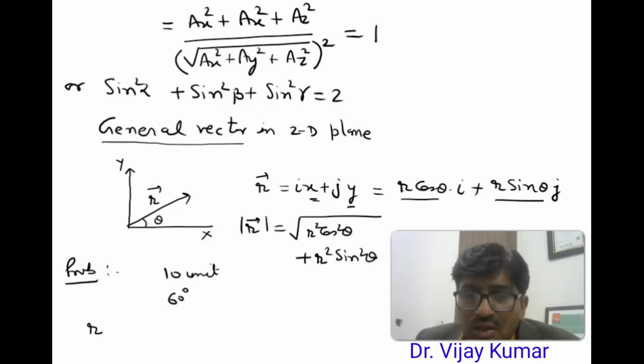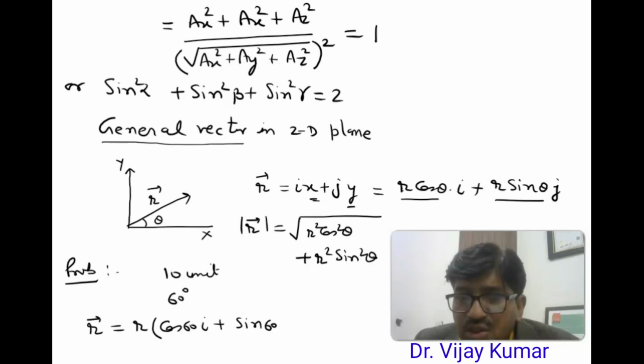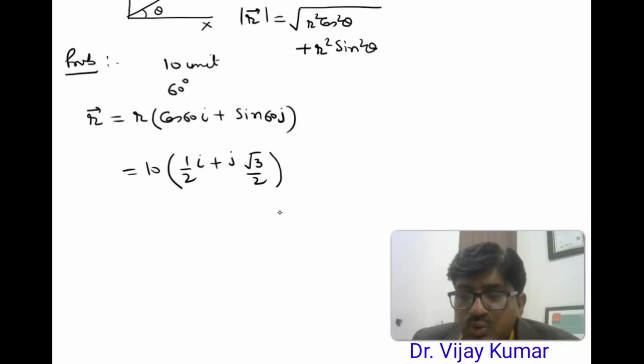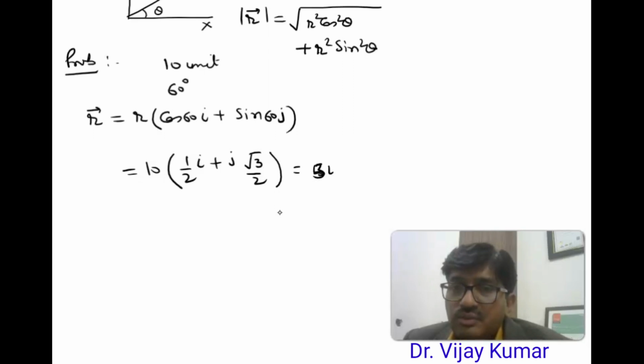So we can write R vector as R cos 60 I plus sin 60 j, or we can write it as 10 times cos 60 is 1 upon 2 I plus j under root 3 upon 2, and it becomes 5i plus 5 under root 3 j.